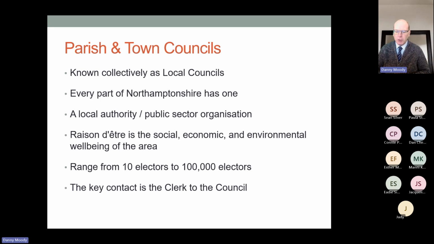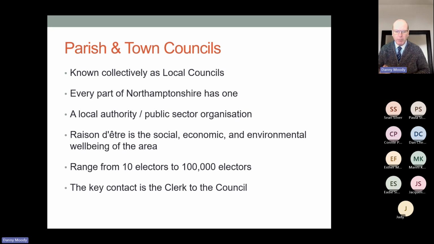But I often talk about the rule of fives when it comes to a parish council. So your typical bread and butter common or garden parish council in England has 5 councillors, a clerk, an officer, working 5 hours a week. It has 500 electors, and it has a precept, which is the money that they're able to spend, of £5,000.